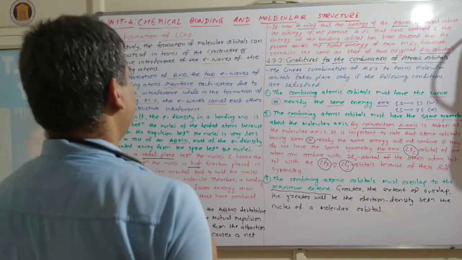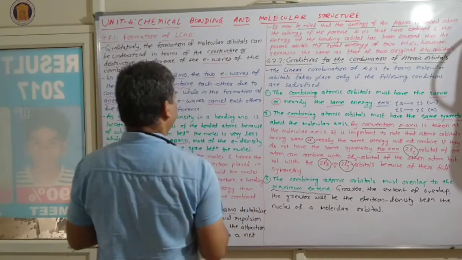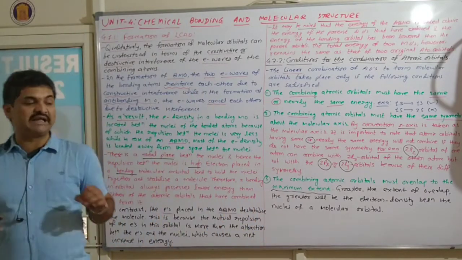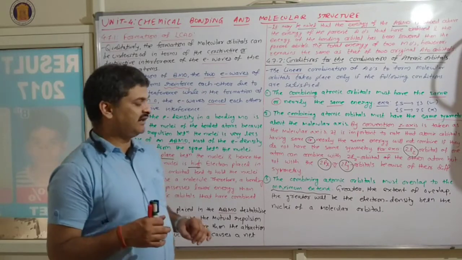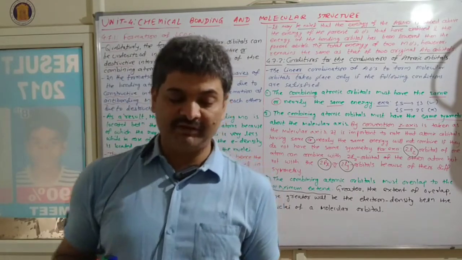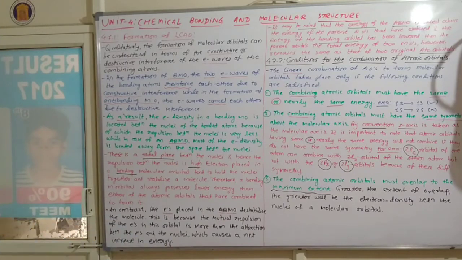Whatever atomic orbitals form a bond, energy should be the same, symmetry should be the same, and overlapping should be maximum. It means if these three conditions are satisfied by any orbitals, then the molecule will form very easily. ये दो नंबर में आता है, conditions for combination of atomic orbitals.